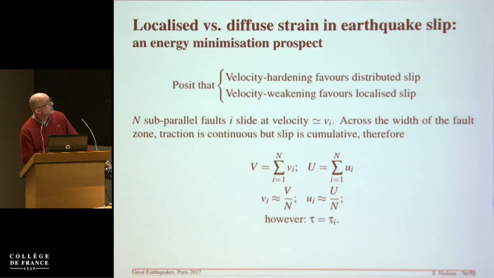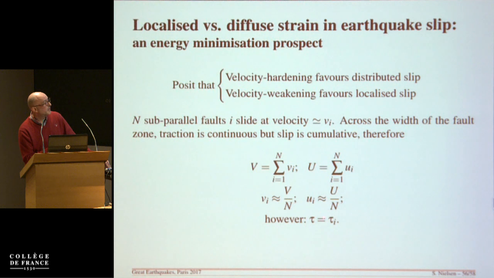Also, just for fun, if you posit that velocity hardening favors distributed slip and velocity weakening favors localized slip, you'd have the initial slip, which is slow and velocity hardening, and then you'd have distributed slip. And you can show that if the total velocity of the fault array is the sum of the velocities of the faults that you cross, and the total slip is the sum of the slip that you cross across the transect, then the average velocity on the subfaultlets would be the total velocity divided by the number of faults.